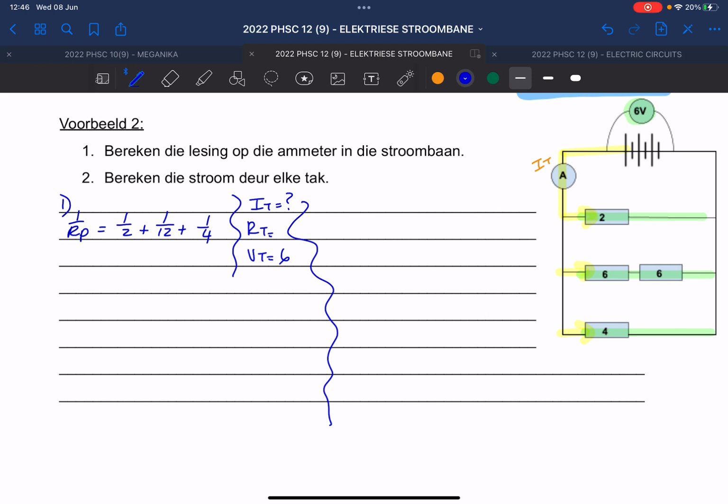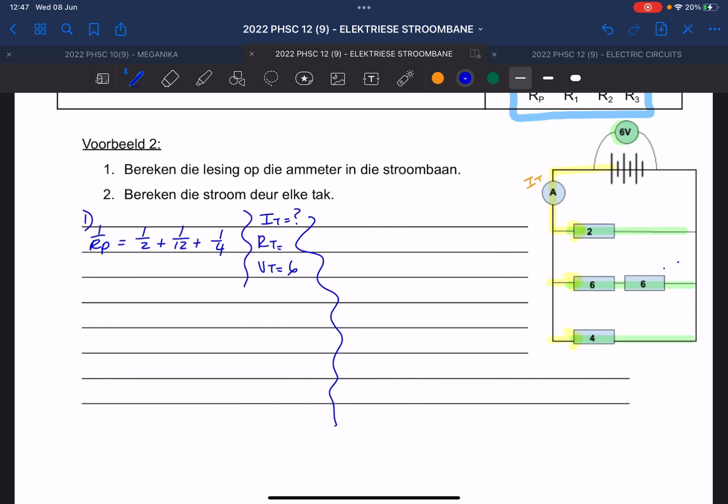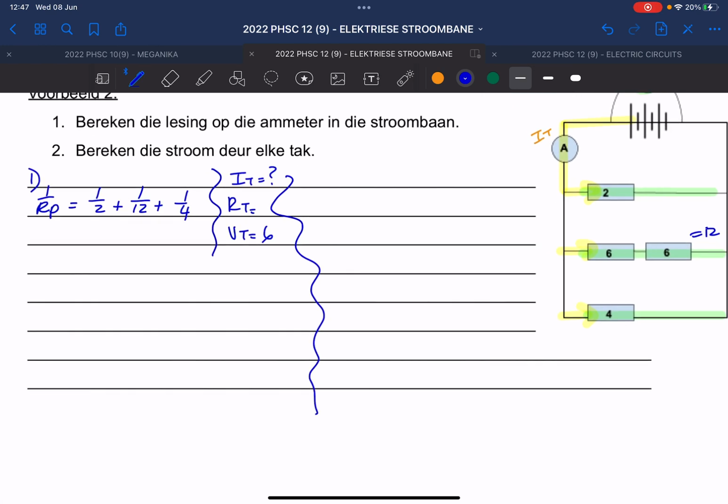You have 3 branches, so you have 3 fractions. 3 takke, 3 breuke. Okay, where do I get to this 12? Onthou hierdie is 6 plus 6 gee vir jou 12. They are in series with one another, so it's as if they are together 12.